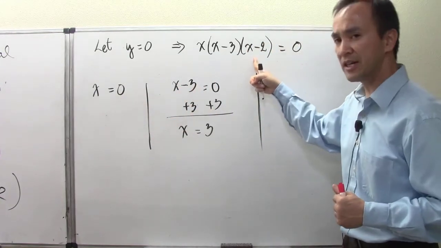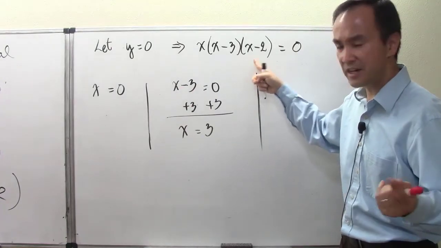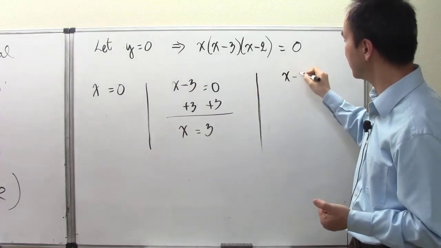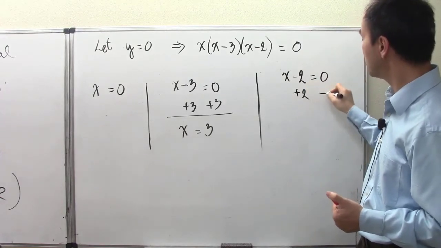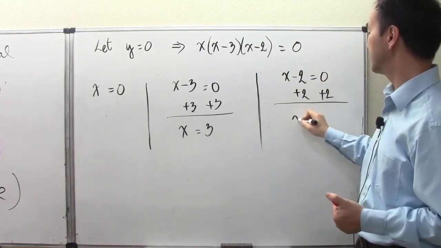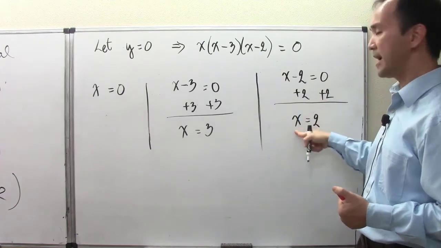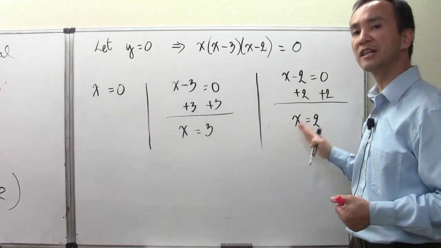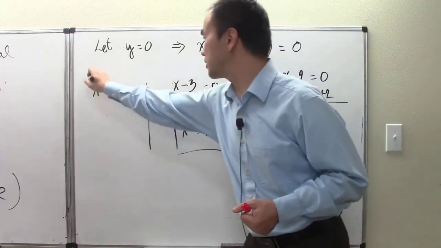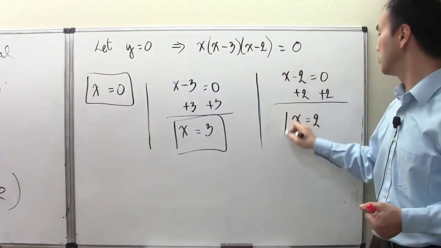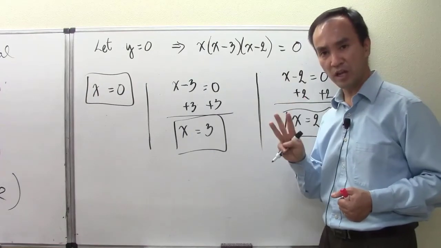I have a third distinct linear factor here. I'm going to take that distinct linear factor, set it equal to 0, and add 2 to both sides. That will consequently give me x equals 2. Now I found a third horizontal intercept. All right, so we found x equals 3, x equals 0, and x equals 2. We have found 3 horizontal intercepts.